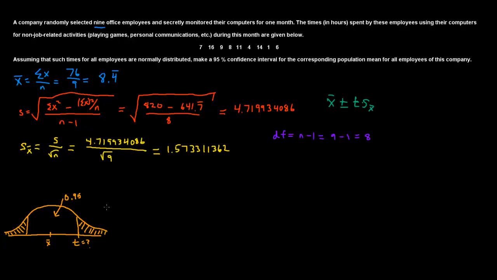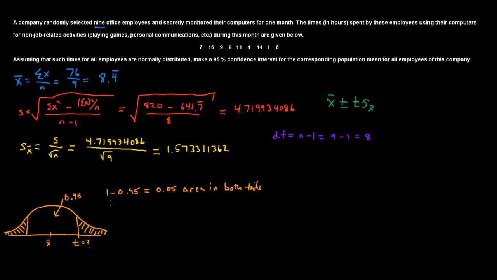Since this distribution is symmetric, we have 1 minus 0.95 equals 0.05 area in both tails.